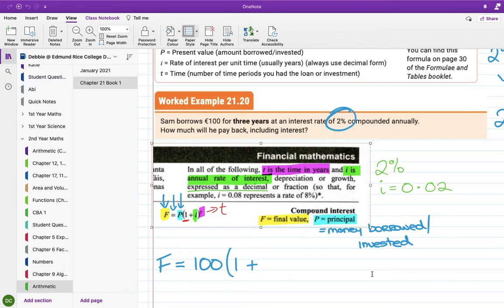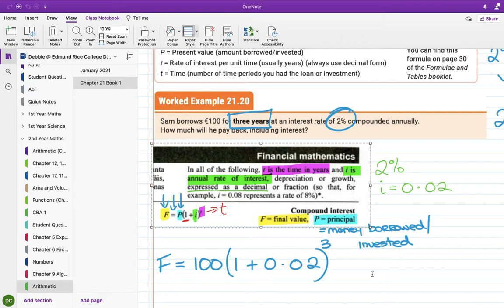You need to put it in as a decimal, so 0.02. Then close the bracket, and then to the power of the time in years. In bold, it says 3 years, so we're going to put a 3 up here.